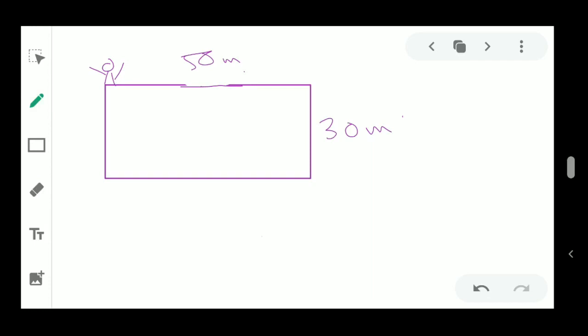So you are running from this side. You have to come from here to here, then here to here, then here to here, and finally you are coming back to here. So how much you are covering total? That is your perimeter.